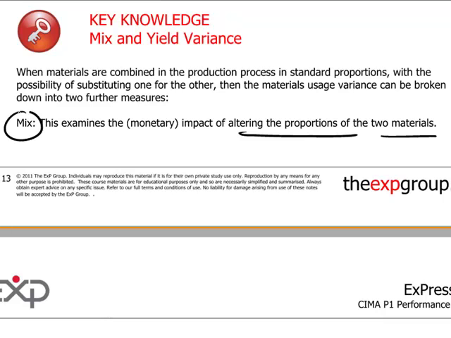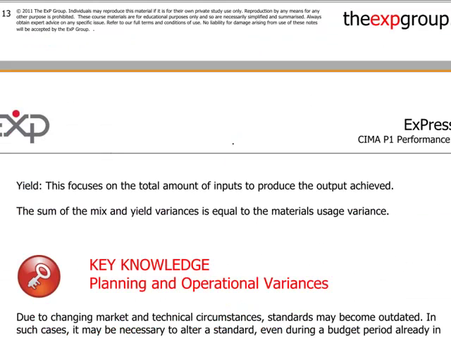So think of the mix as being changes in proportions of the two materials, whereas the yield variance is looking at the output that's achieved as a result of the total amount of inputs that are put into the process regardless of their combination.